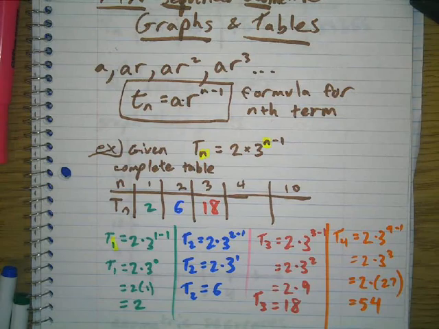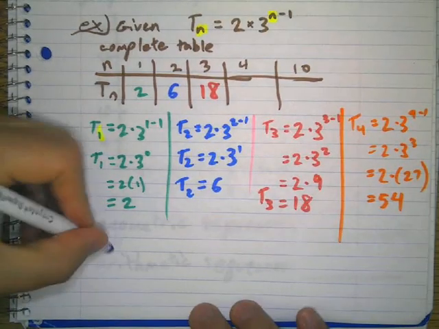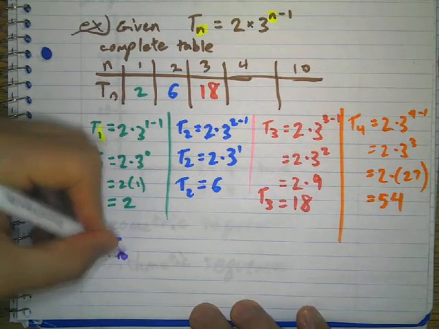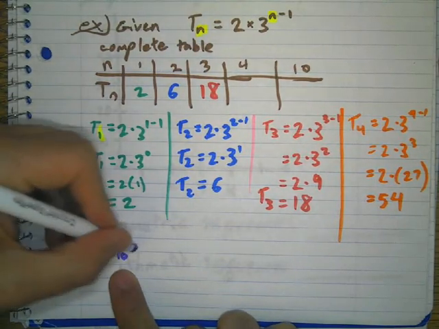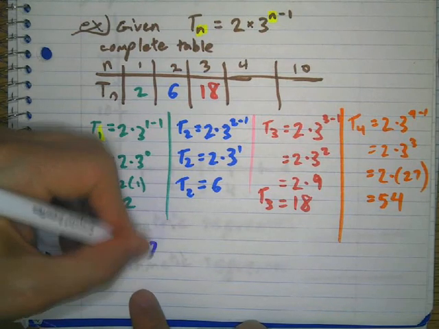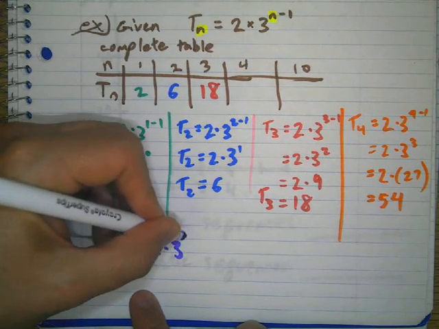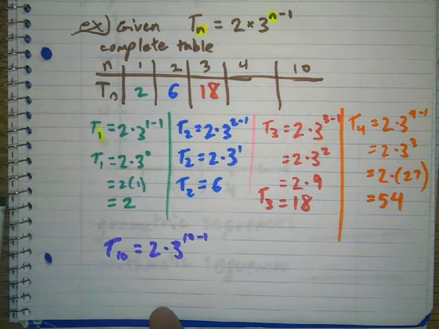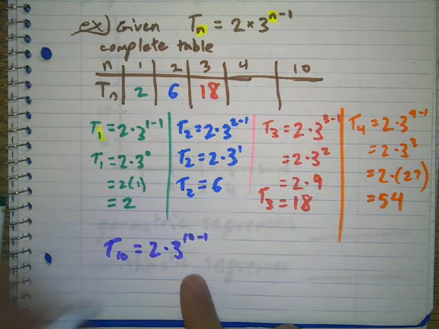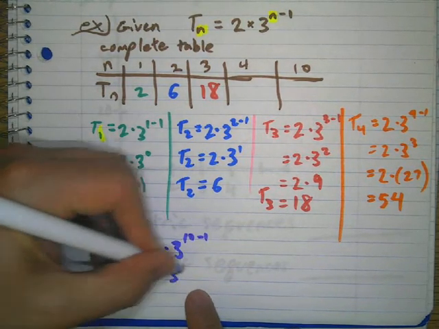Now let's do the last one. And you might already start seeing the pattern. The last one is t sub 10. So we've got 2 times 3 to the 10 minus 1. And so this gives me 2 times 3 to the 9th power.